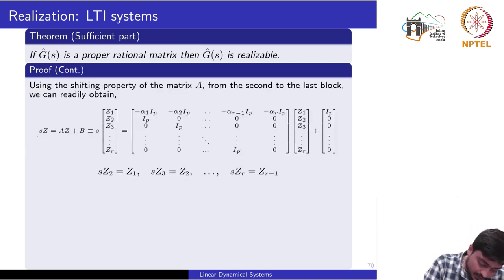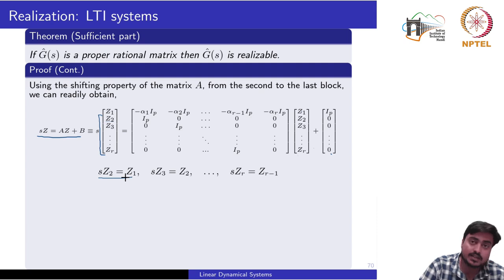So let's see this part. sZ is equal to AZ plus B, where now I have explicitly written this Z matrix from Z1 to Zr. We have this A matrix times Z plus the B matrix of the state space equation that we had introduced. So, starting from the second element to the last element, if you notice, we have s times Z2 equivalent to Ip times Z1.